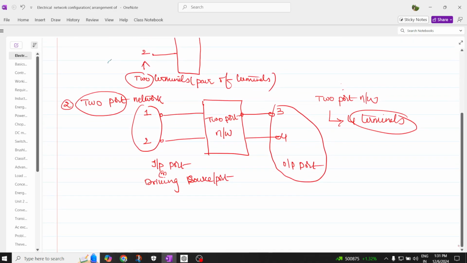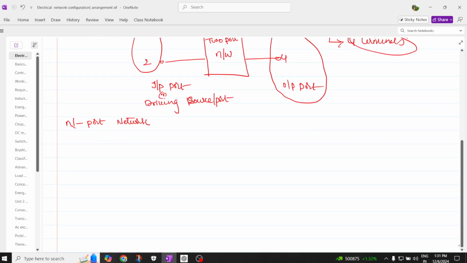Now similarly let's try to understand an n port network. What is an n port network? Here we understood we have only two ports. Now we may have more than two. That's what is called an n port network.